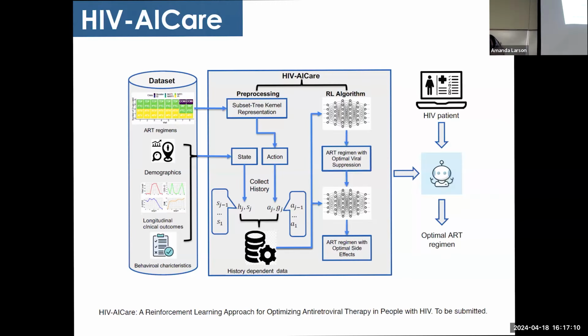Another challenge with model-free reinforcement learning is that most methods build upon the Markov decision process assumption, which means everything only depends on the previous step. However, for our application, it depends on the whole history. For example, if a person has been using a specific drug for 10 years, they may have higher toxicity. So we need ways to account for the whole history in this reinforcement learning framework.